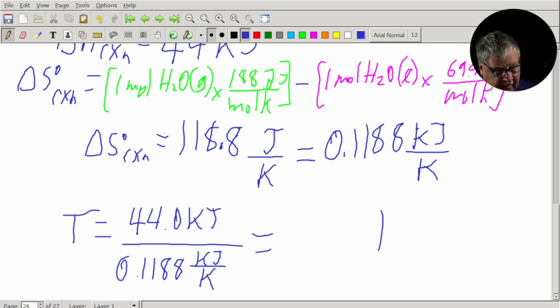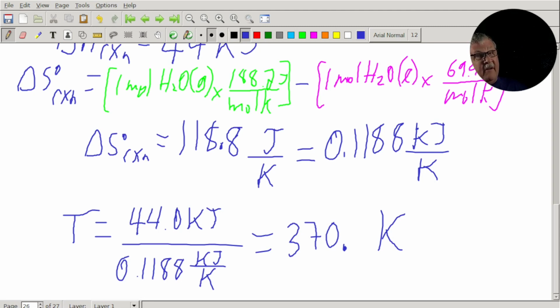And so that means the units of our temperature will be in kelvins. That's fine. Okay, so it's going to round to the nearest Kelvin of 370. All right, so we're off by a little bit, but not very much.